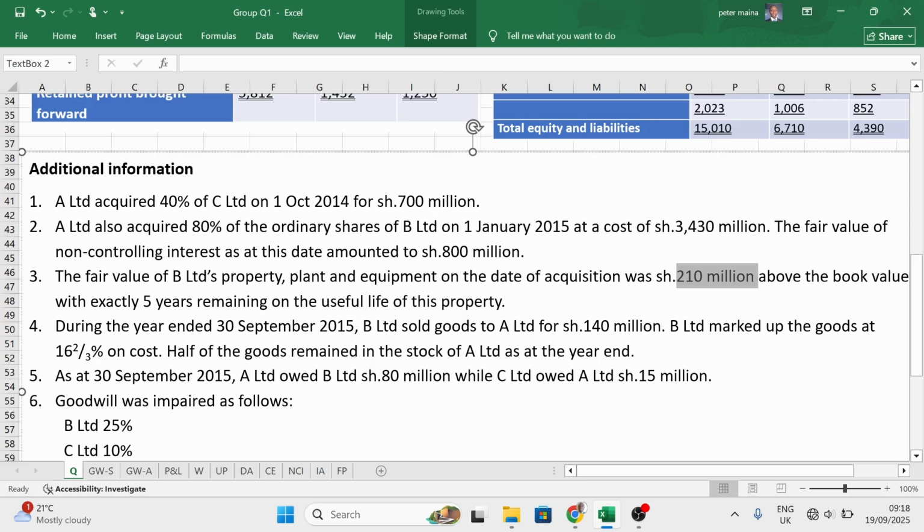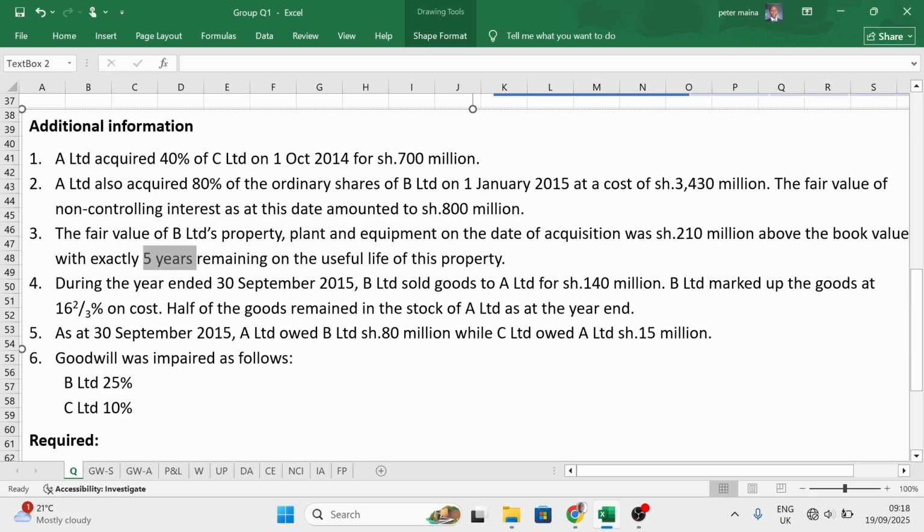The other adjustment, we are going to calculate depreciation adjustment, because the initial depreciation we assume was based on the older value, which was less, but depreciation is supposed to be calculated on the new value. So you are going to take the 210 million, divide by the useful life, 5 years, to get the amount of increase in depreciation.